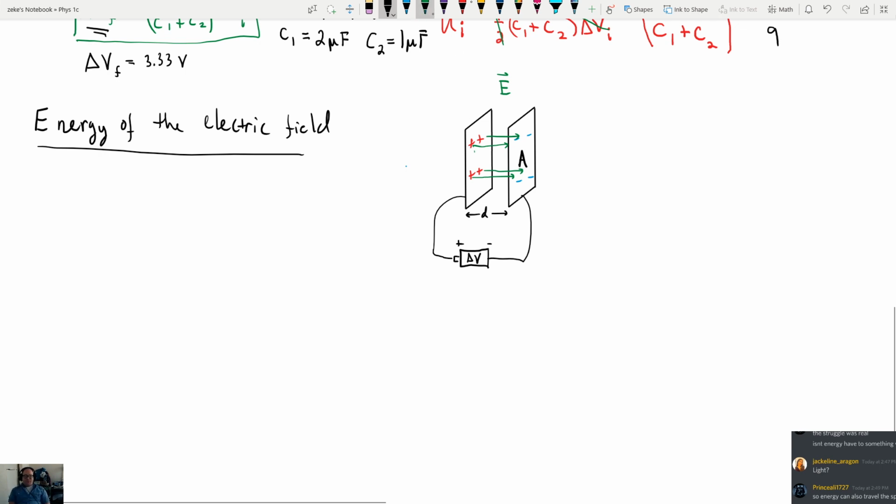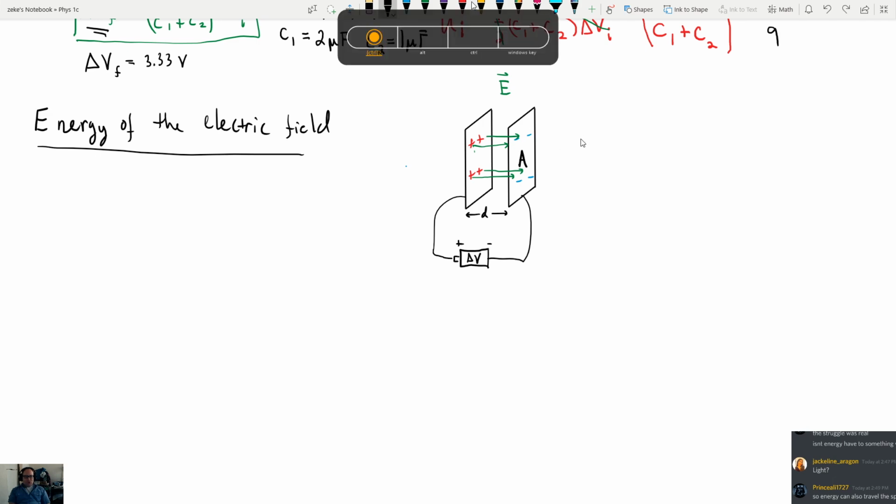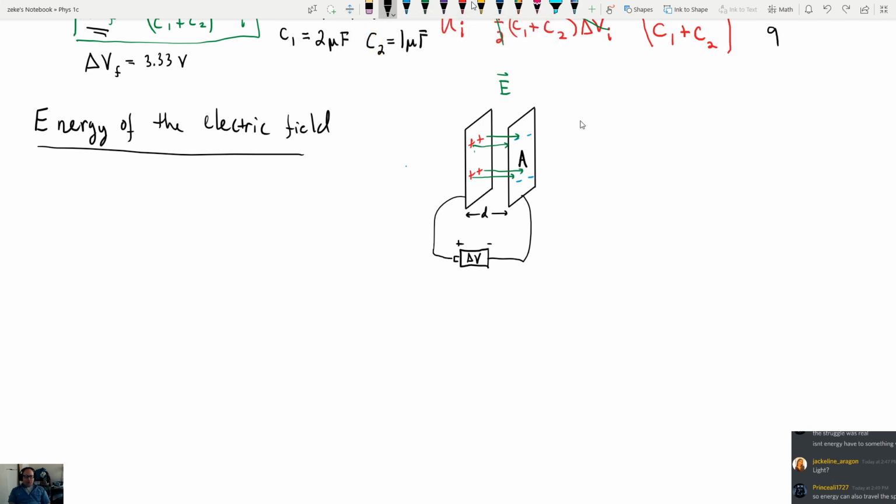All right, so we'll need a few equations to actually find how the energy is related to the size of the electric fields. We probably want, well, any of these will work. U sub C is the charge squared over 2C.